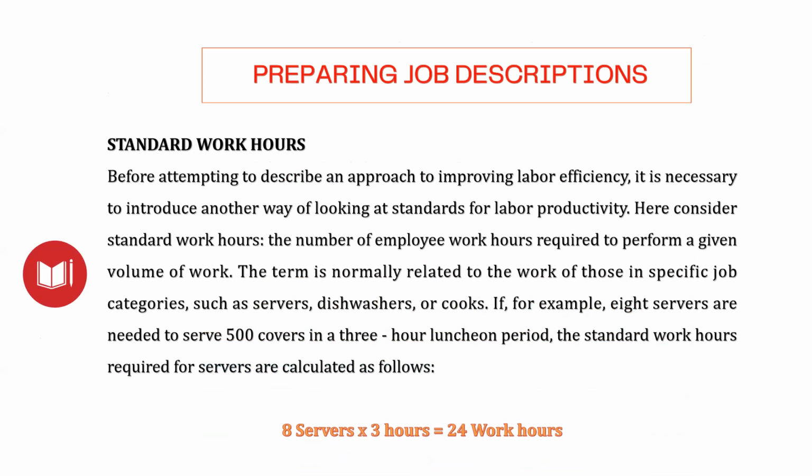Given a forecast of 500 covers, the scheduling of any number of servers' work hours in excess of 24 would be an indication of poor scheduling. Fewer than 24 would also be an indication of poor scheduling and would further suggest that an unsatisfactory level of service quality will be provided to customers.